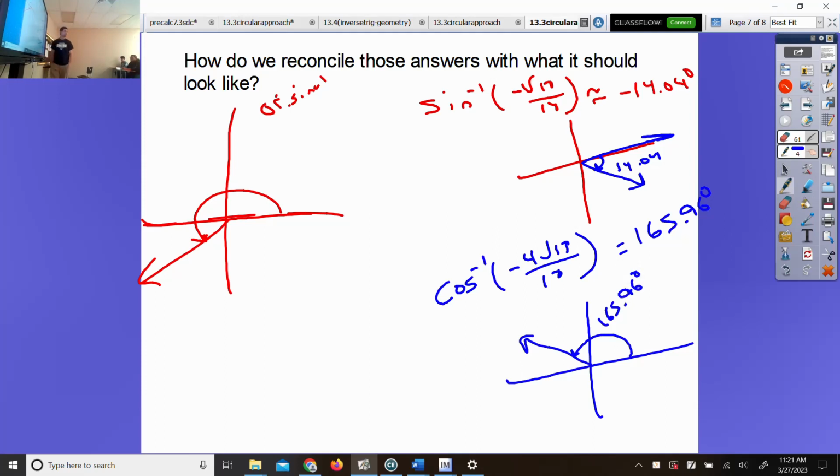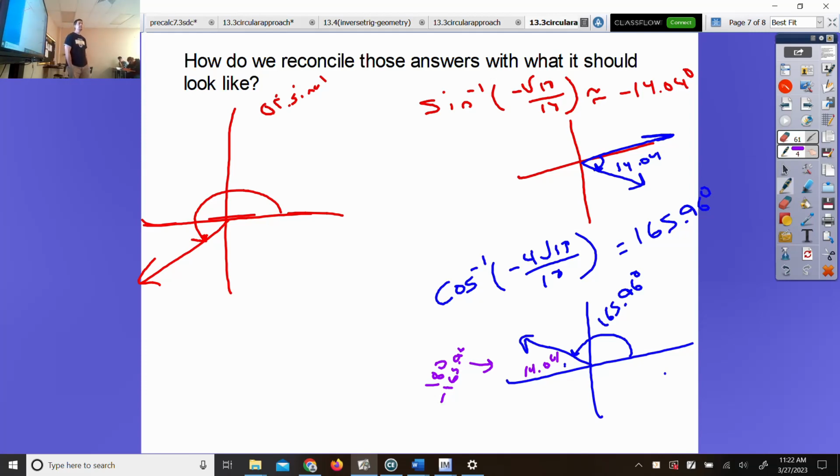That's not a reference angle. How many degrees in a straight angle? 180. How do you find that missing little piece right there? I subtract that from 180. Yep. That missing piece is 180 minus 165.96, and guess what that is? 14.04. That's the reference angle.